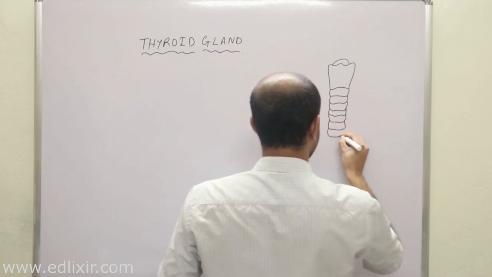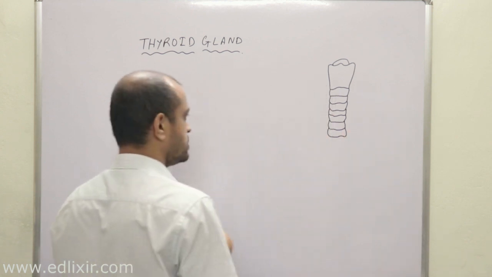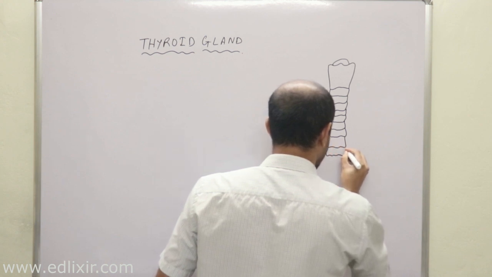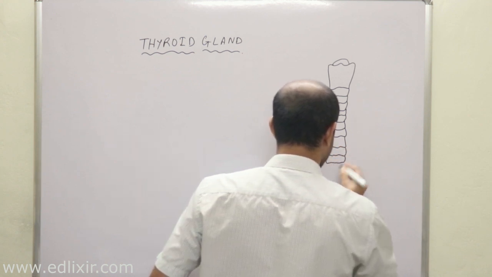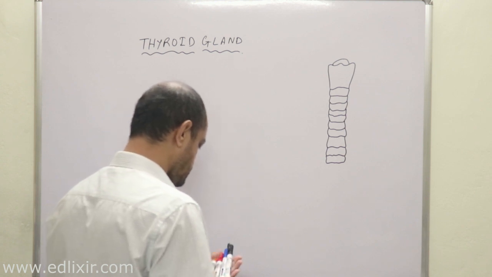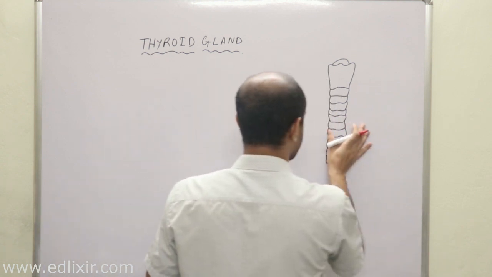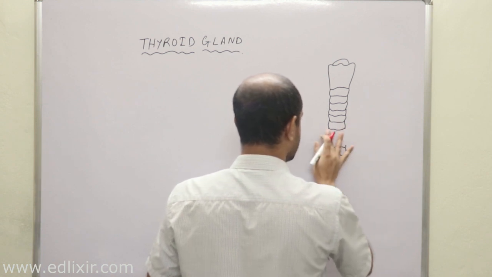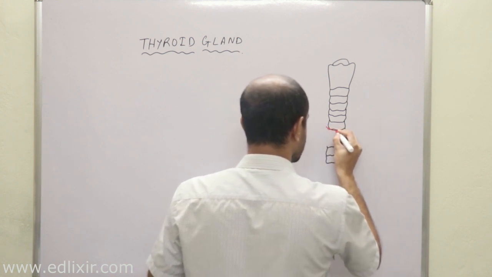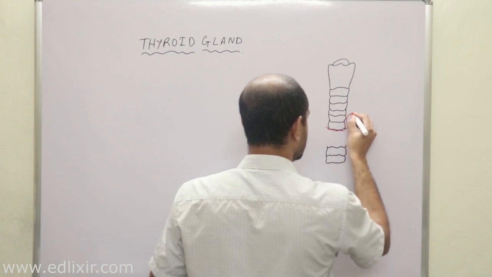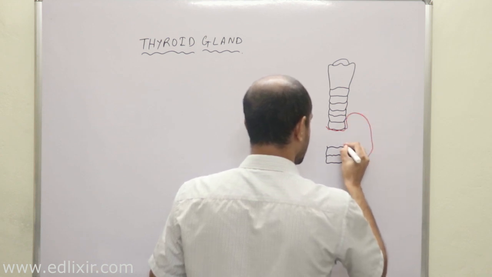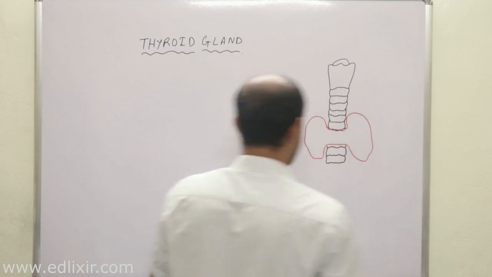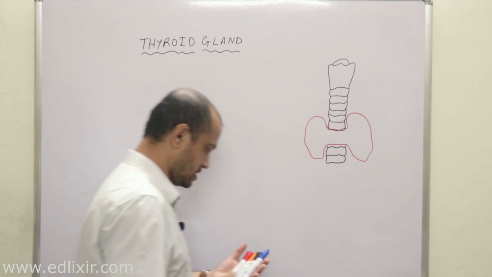Now the first point we have to understand is this: the thyroid glands are actually attached with the thyroid cartilage. Clear? They are actually attached with the thyroid cartilage.